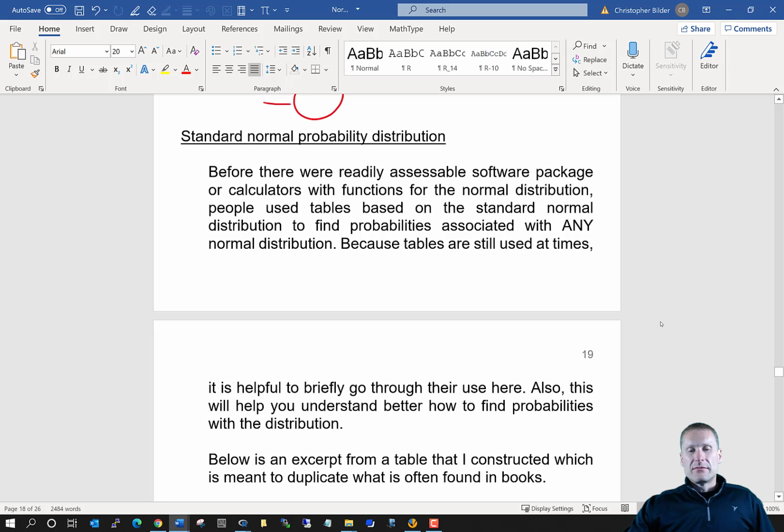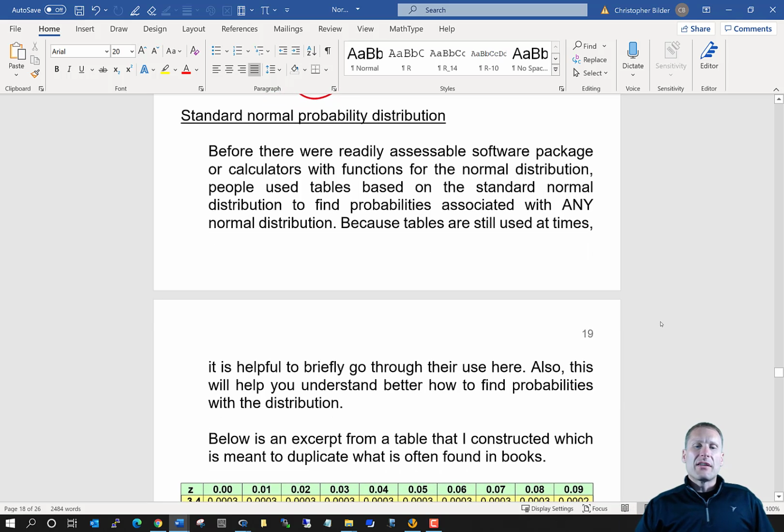At the very beginning, I was talking about this standard normal probability distribution and how this is a special case that often has some important meaning to it. And one of the main reasons is because before there were easy ways to calculate these probabilities using a statistical software package, people would use tables that had all these probabilities in it.